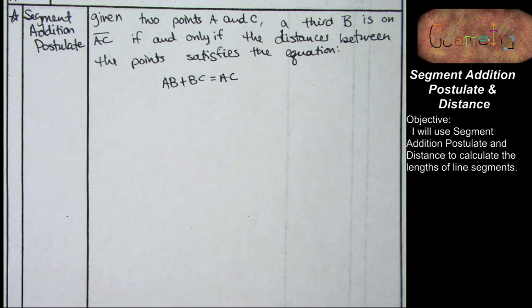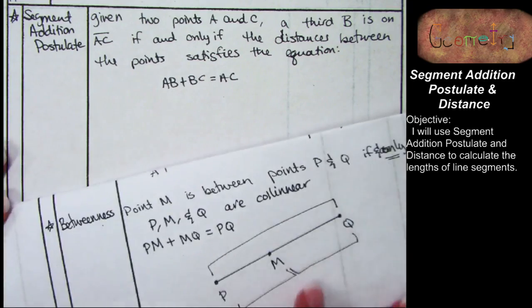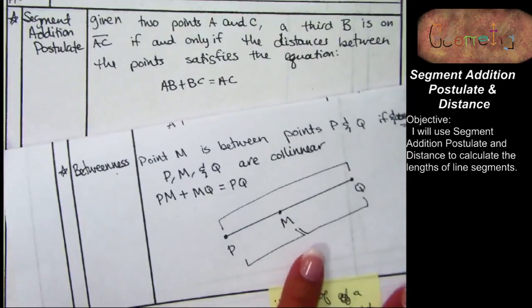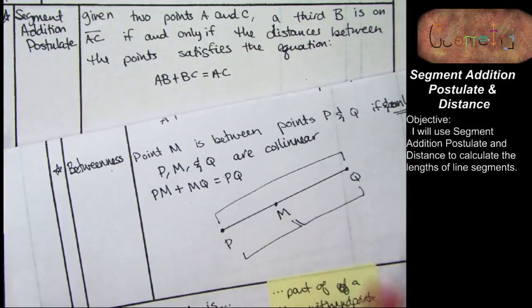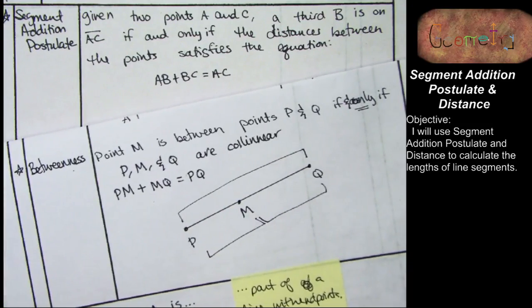But let's look real quick back at yesterday's notes on between. Here's yesterday's notes, and I've just folded mine so I don't cover up the original notes. But if you want to flip back and look at your notes on between, this thing requires that we know that the points are between before we can say that this equation is something that we can use.